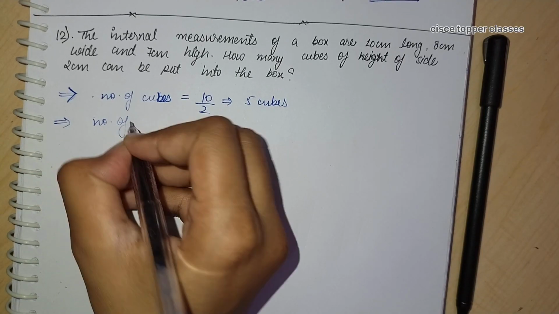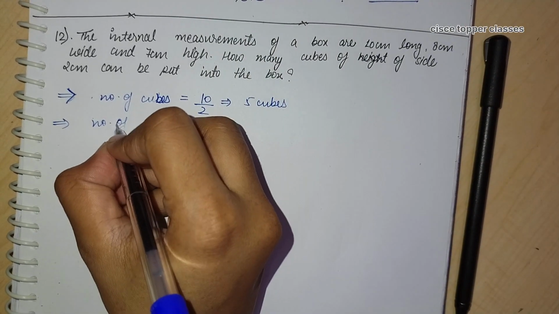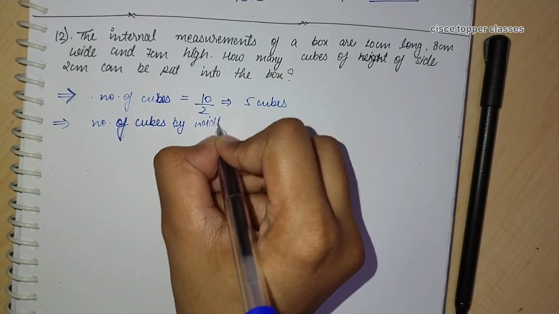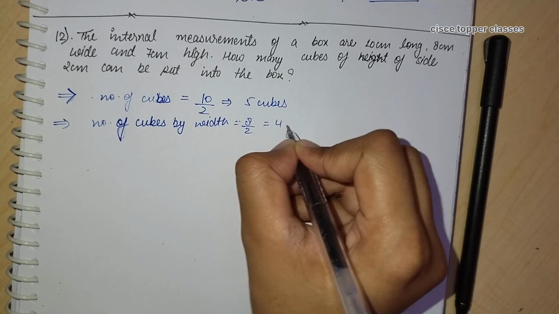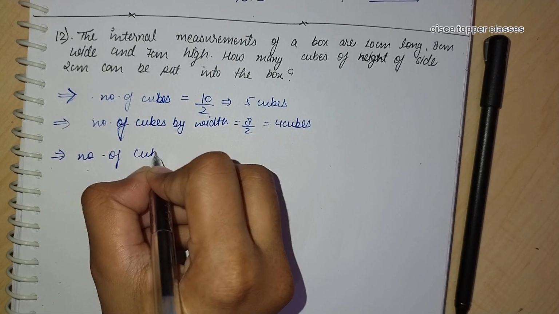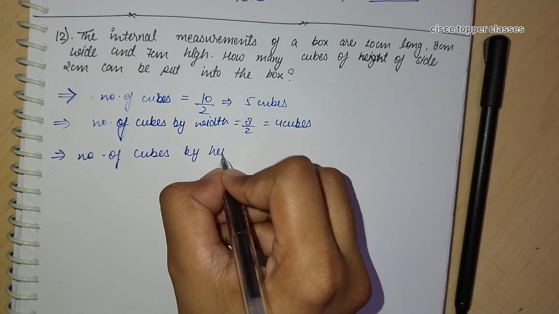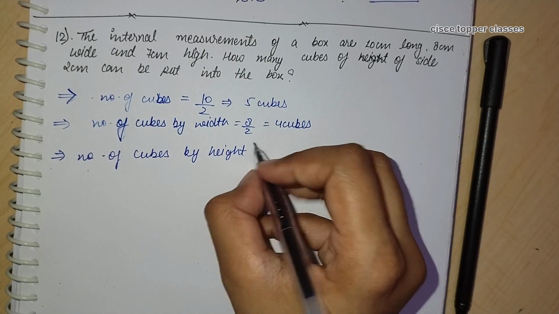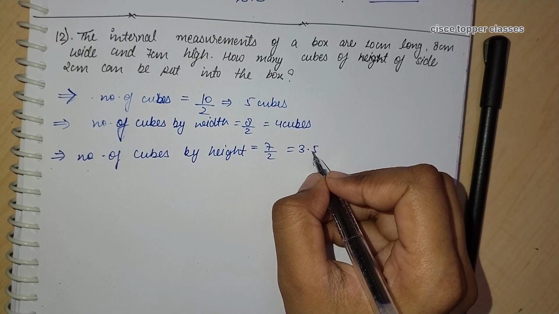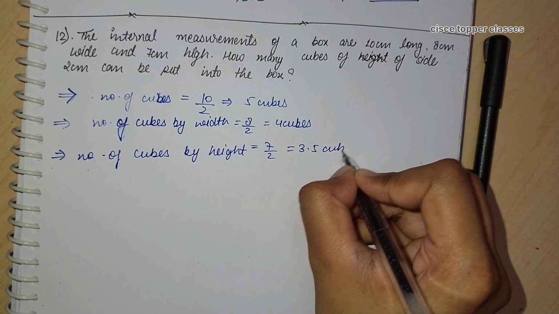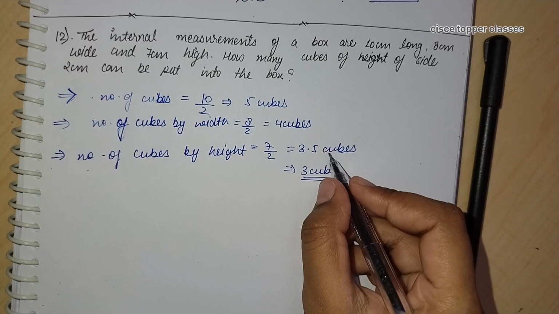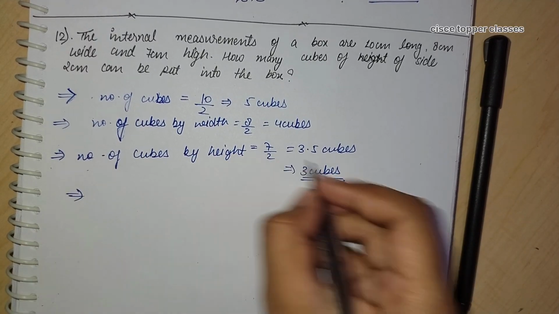Now if you want to find number of cubes by width, this will be 8 divided by 2, means 4 cubes here. By height, this will be 7 divided by 2, means 3.5 cubes. But 3 cubes we will take as final because 0.5 cubes doesn't matter. So this will be 3 cubes.